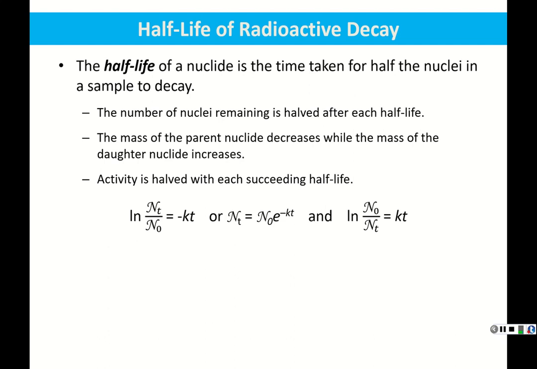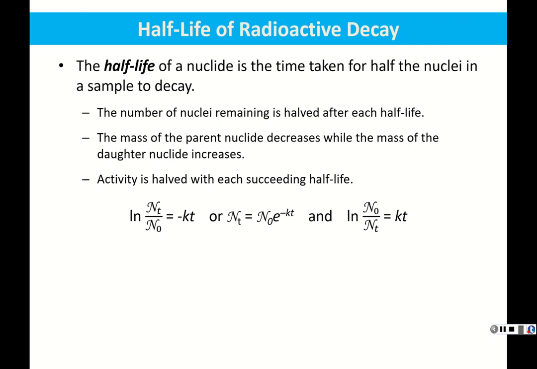The next thing we'll discuss in terms of radioactivity is half-life. And you probably mentioned this in kinetics in the second quarter of general chemistry. Half-life for a radioactive decay is when half of the nuclei remain, or half of the nuclei in this sample have decayed, depending on how you look at it.